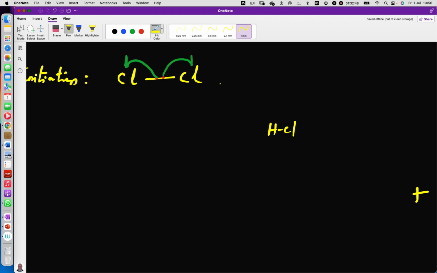Under the UV light, they will generate what we call a free radical. This is the free radical. This is UV light.